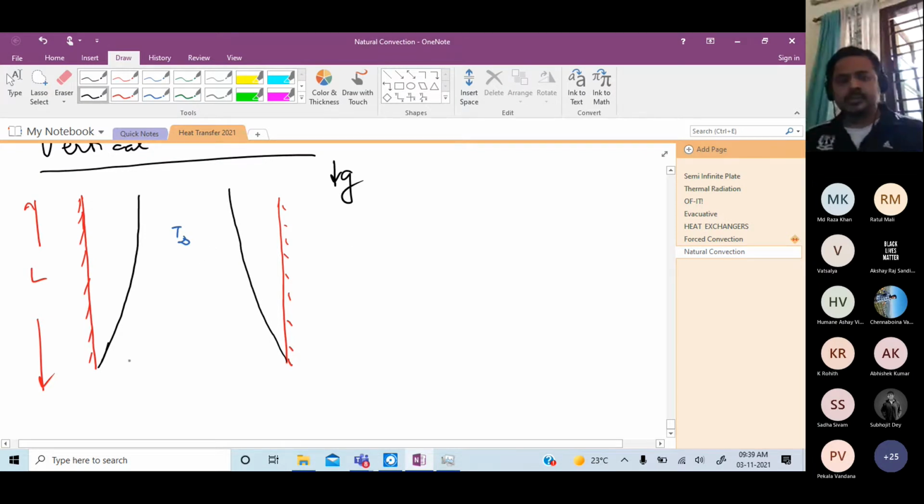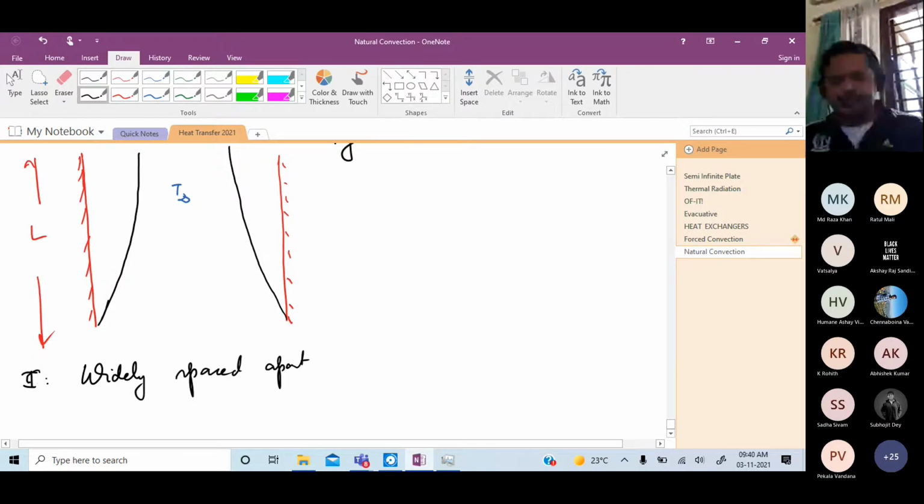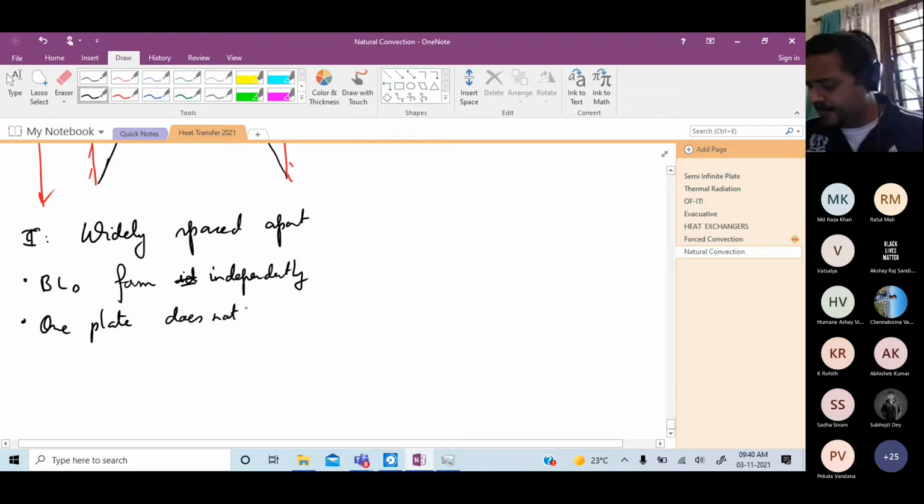Okay. So this is case one. Widely spaced apart. So what happens? The boundary layers form independently. So one plate does not feel the existence of the other.